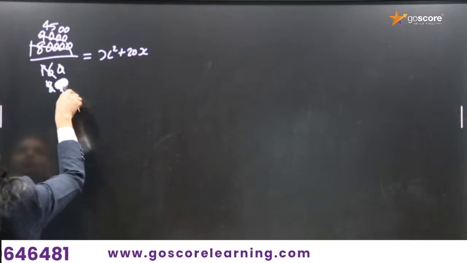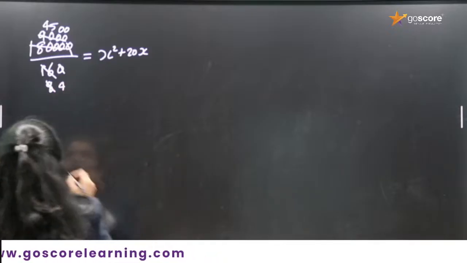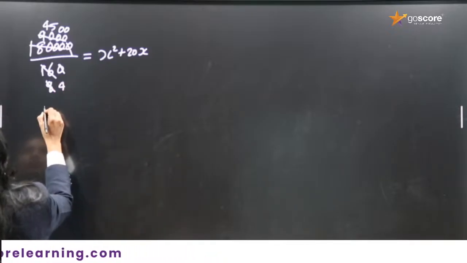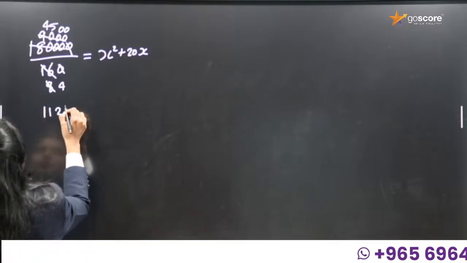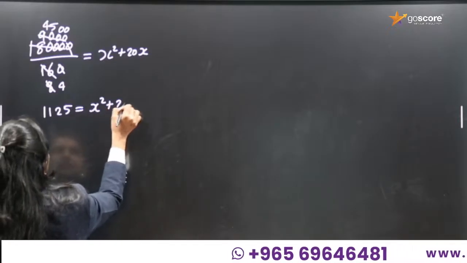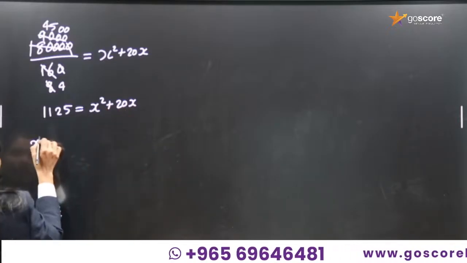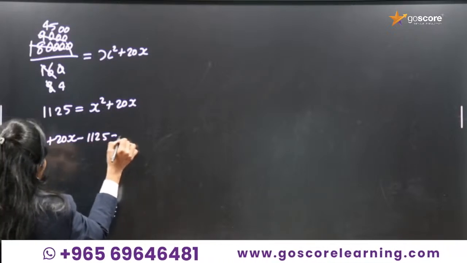It's a long process, right? I'm going to write 4,500 divided by 4 is 1125. 1125 is equal to x square plus 20x, or you can write x square plus 20x minus 1125 is equal to 0.